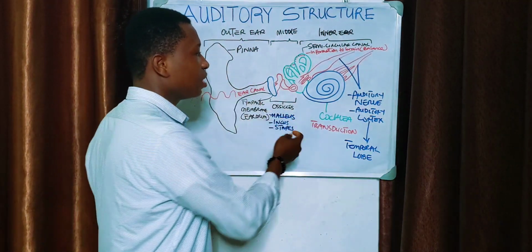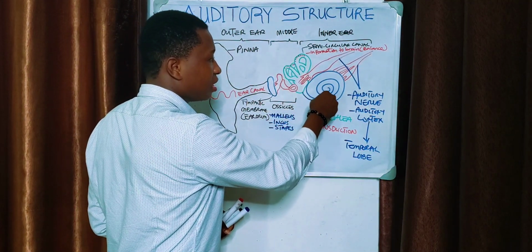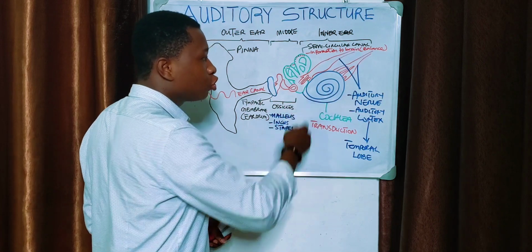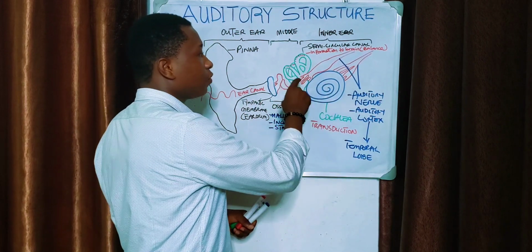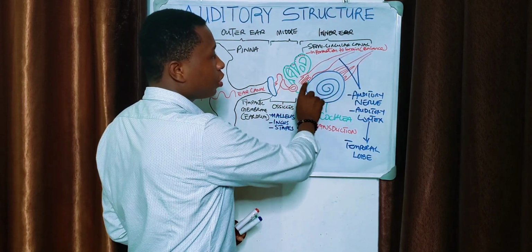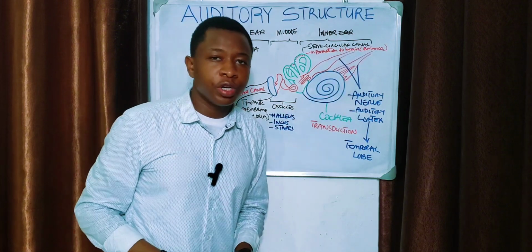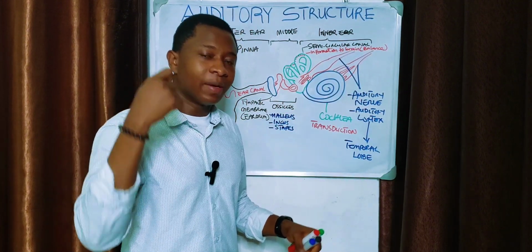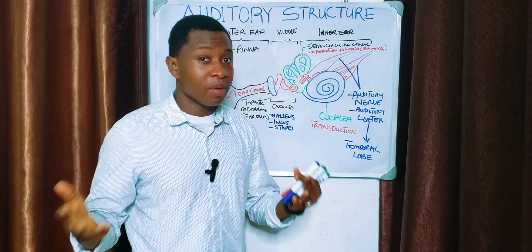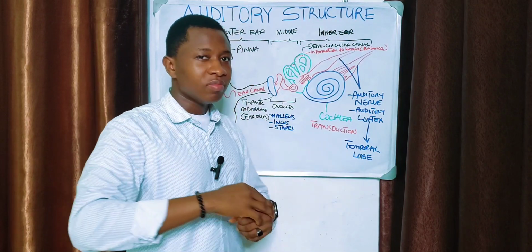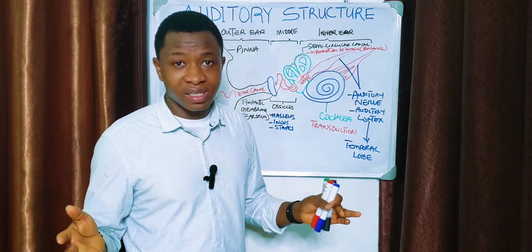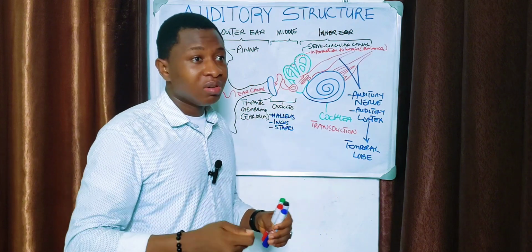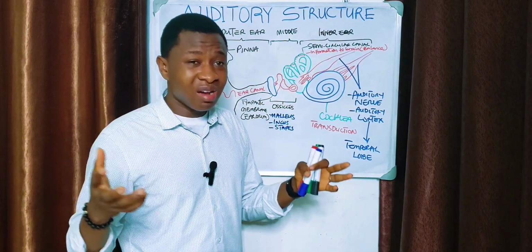So the moment this sound is converted to electrical impulses, it travels through the auditory nerves down to the auditory cortex in the temporal lobe, where the sound is interpreted, like probably music or whatever sound, a speech, a loud sound, a low sound.